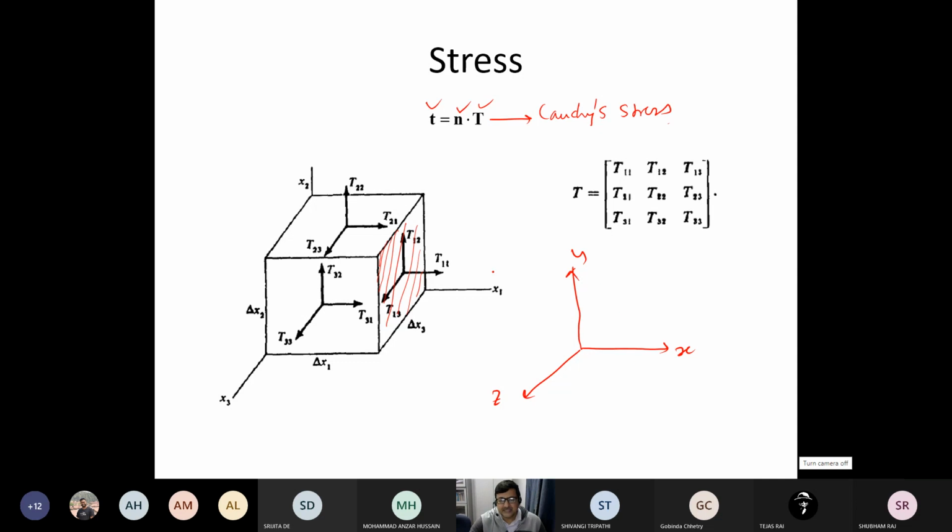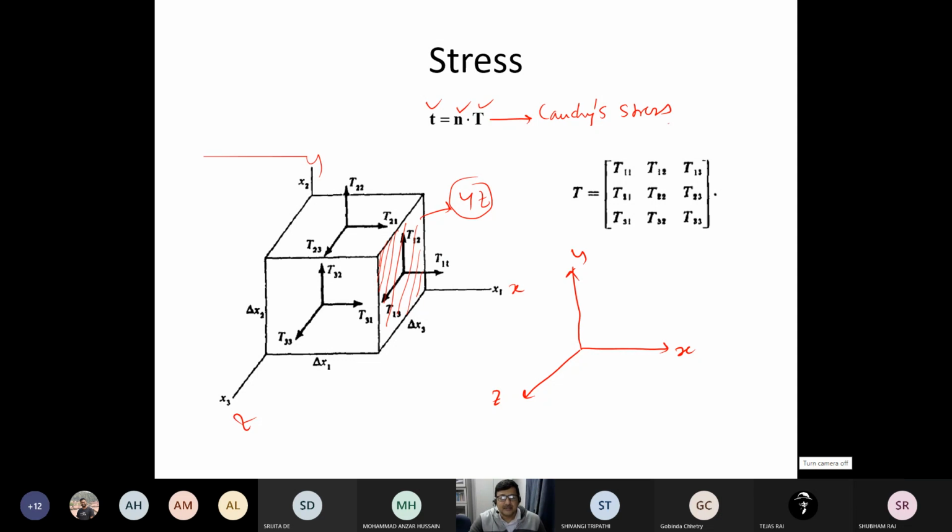Say if this is X, Y, Z, this particular plane is called which plane? YZ plane. Very good. This is Y, this is Z, so this is a YZ plane. It is the plane perpendicular to X, right? If X is this direction, YZ is the plane perpendicular to that.